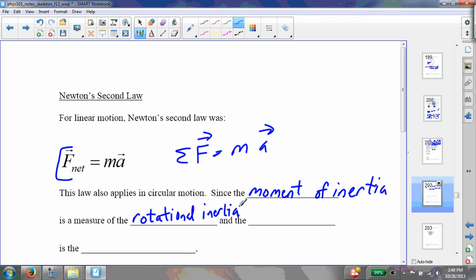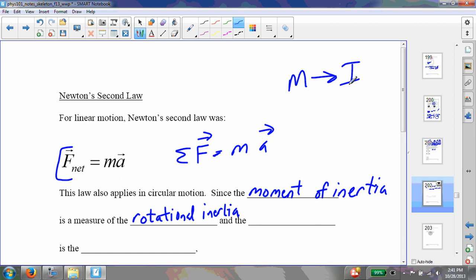If you remember, the mass was a measure of the linear inertia. We didn't call it linear inertia, but the mass was a measure of the inertia. So before, when we had mass in the linear frame, now in the rotational frame we're going to have moment of inertia. The moment of inertia is very much analogous to the mass that we use for linear motion.